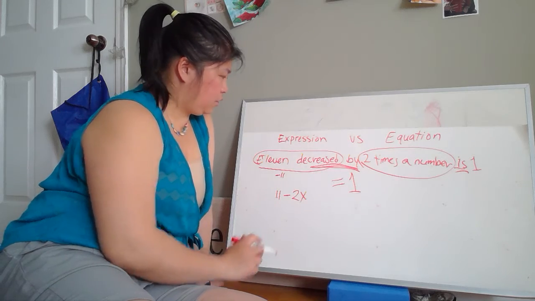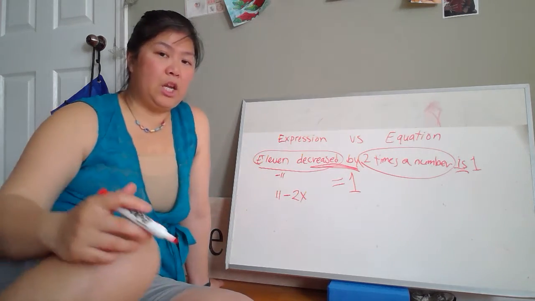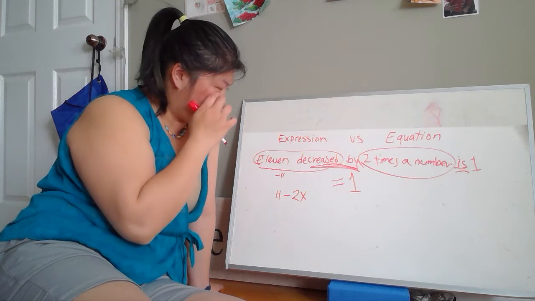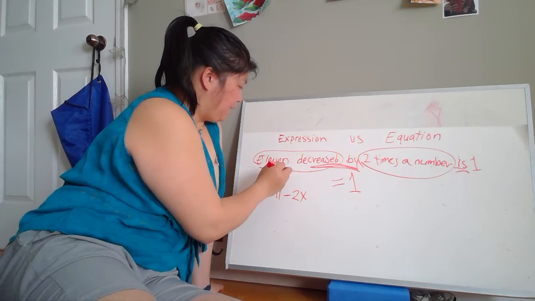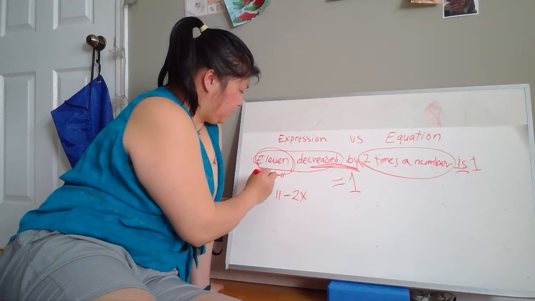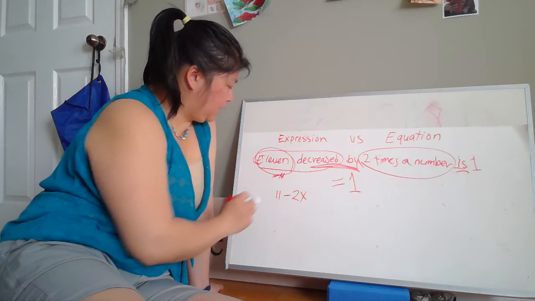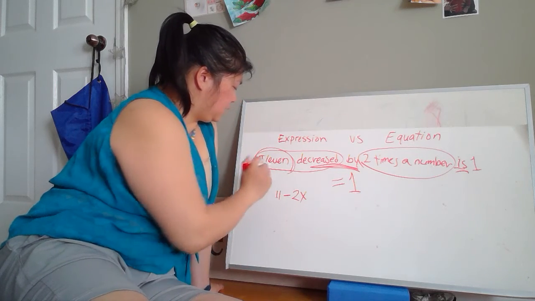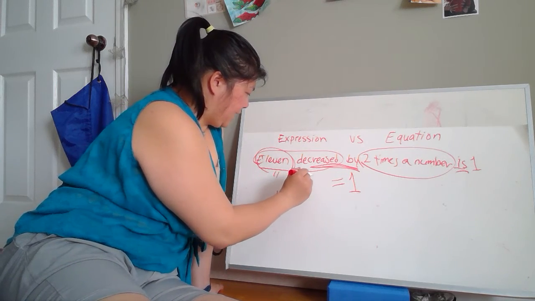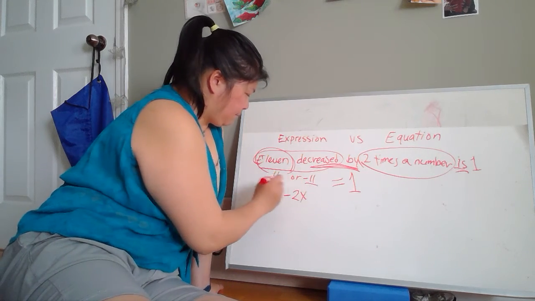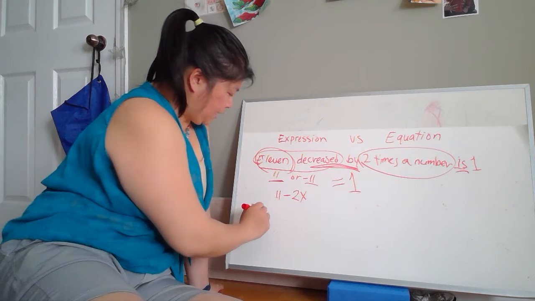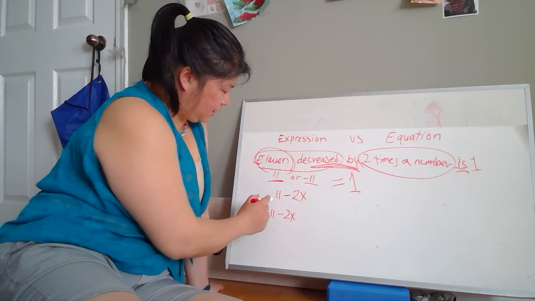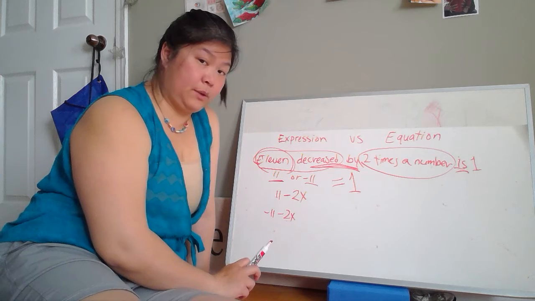Words mean a lot in math, in the algebra expression. So decreased by, you have 11. Is that positive 11? Because I wrote negative 11. These are different numbers, right? Negative 11 minus 2x is a different expression than positive 11 minus 2x.